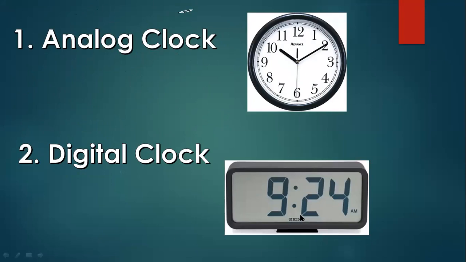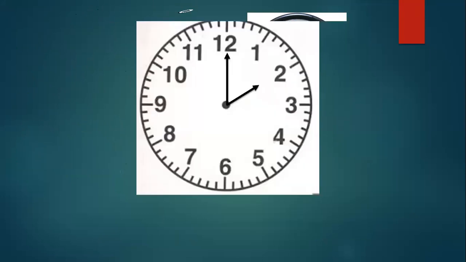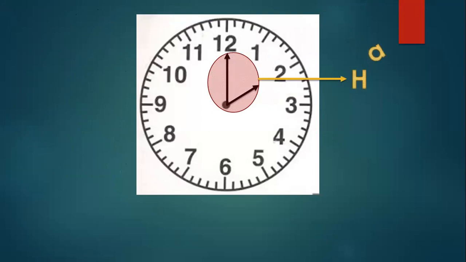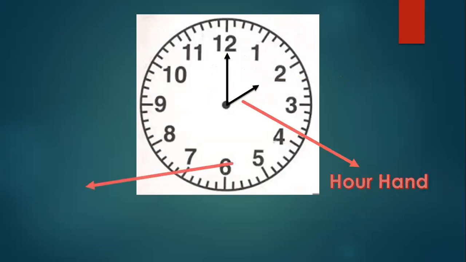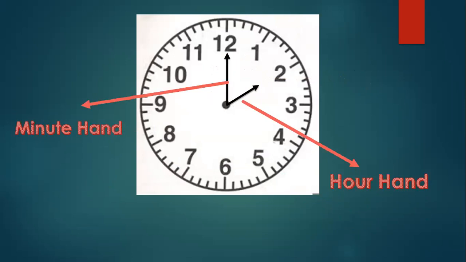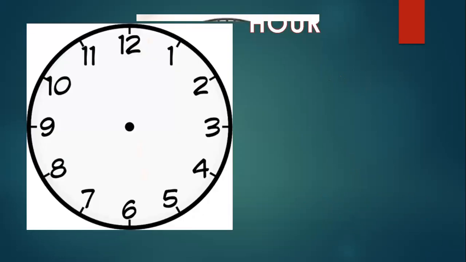In analog clock, we use needles, but in the digital clock, we have the digits, we just have to see them. These are called hands. What are they called? They are called hands. Hour hand and minute hand.